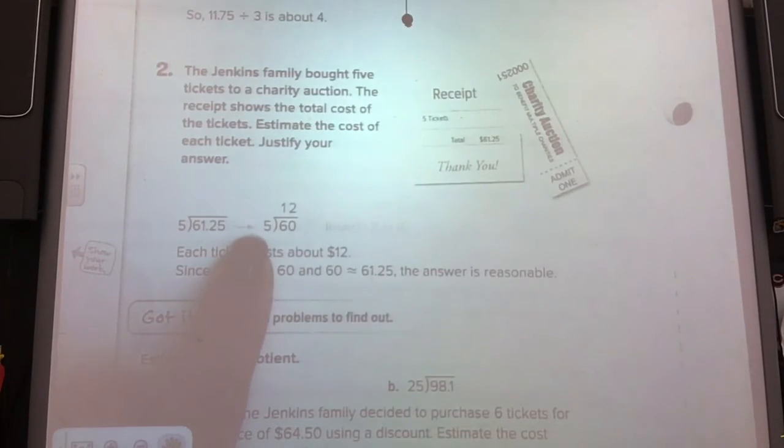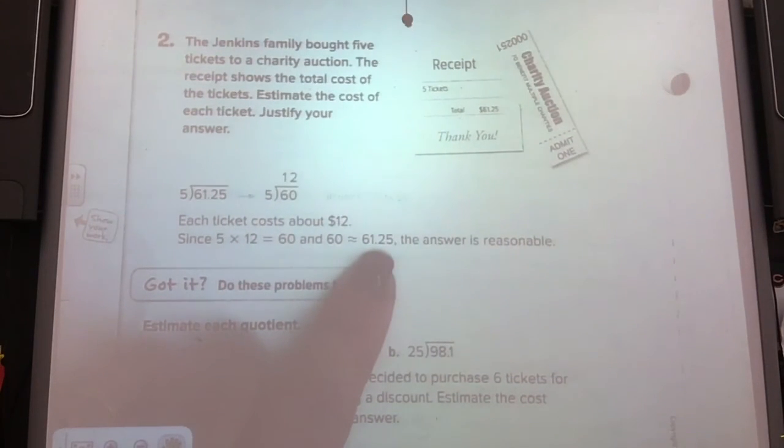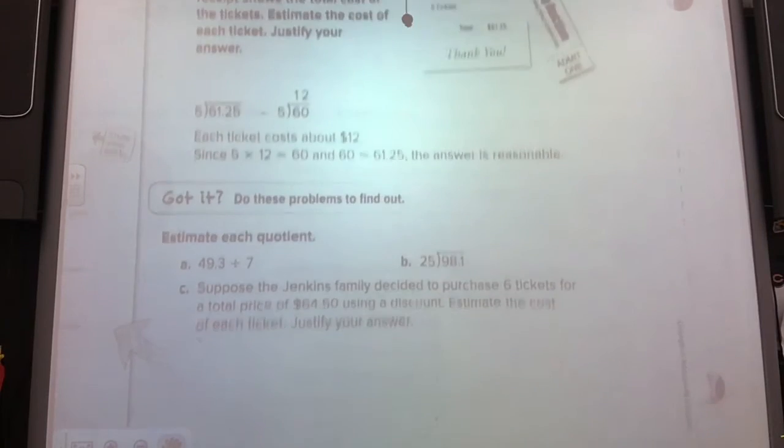So you divide by 5, so each one was about $12. Now, it was just over that if we did the actual answer. It would have been just over that because $61.25 is slightly higher than 60, so it would have been $12 and some change.